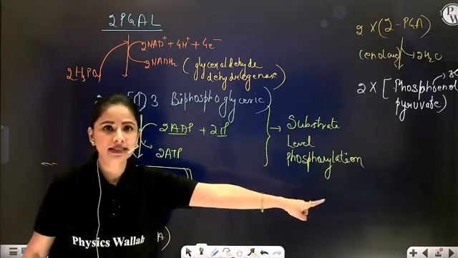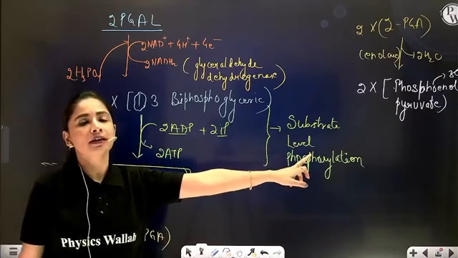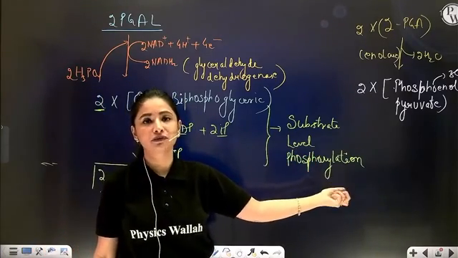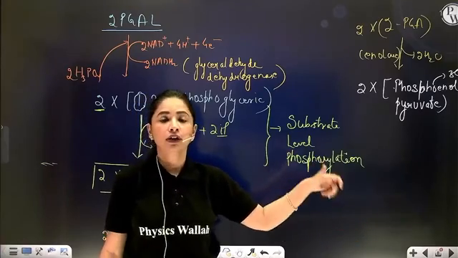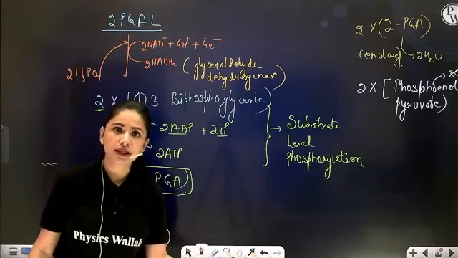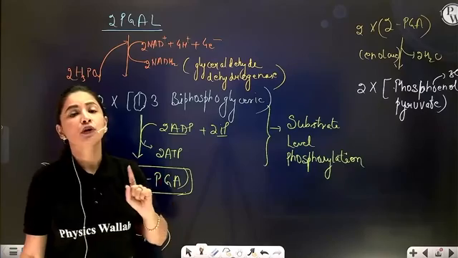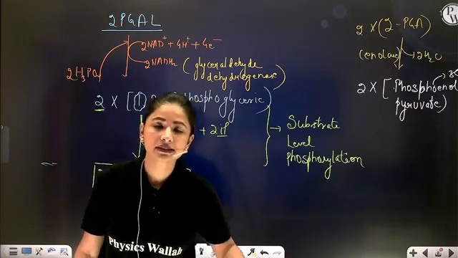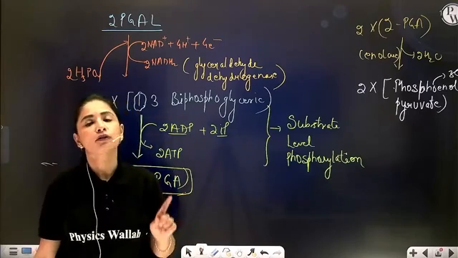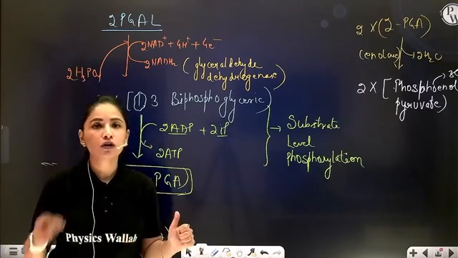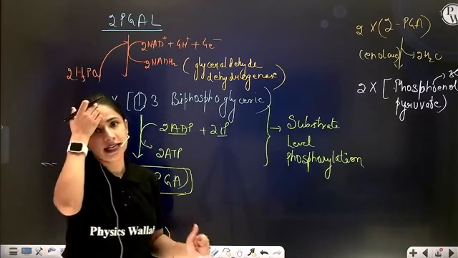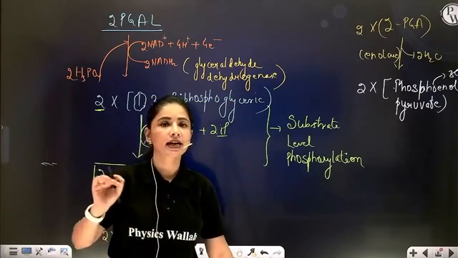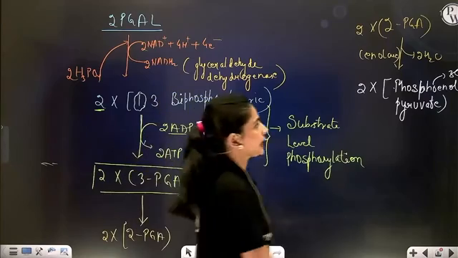Now the last, 10th step. Phosphoenol pyruvate will again undergo substrate level phosphorylation, will remove its phosphate, give it to ADP to produce ATP, and itself will convert into the final product of glycolysis, that is 2 molecules of pyruvic acid. Here also 2 ATP will be generated, and this step takes place in the presence of the enzyme pyruvate kinase.